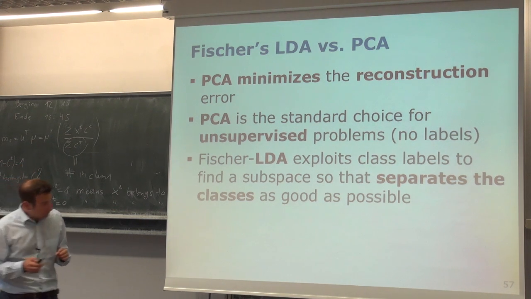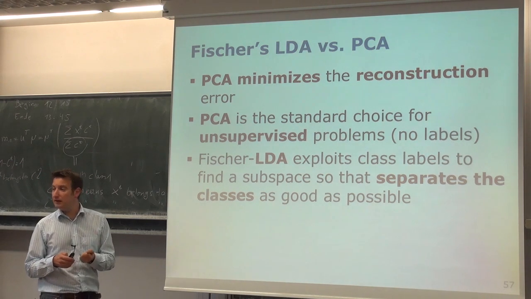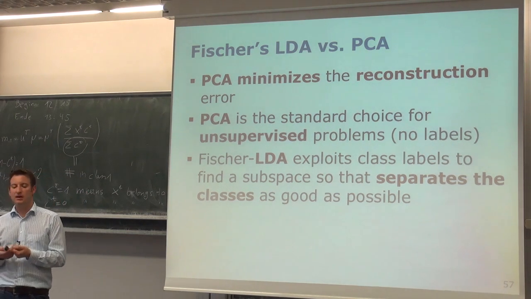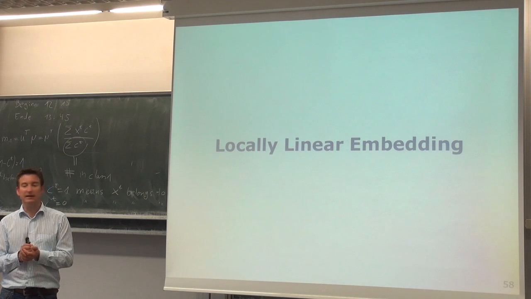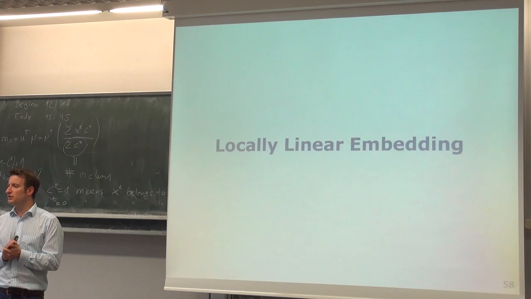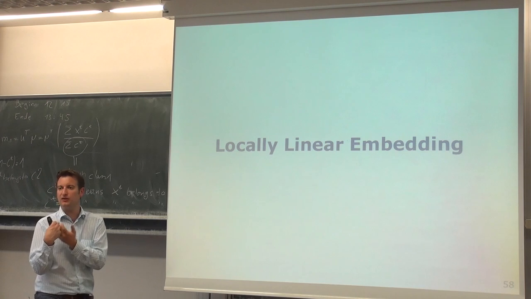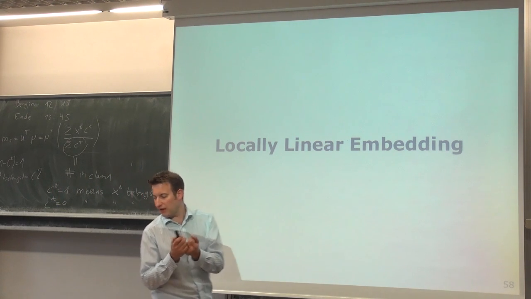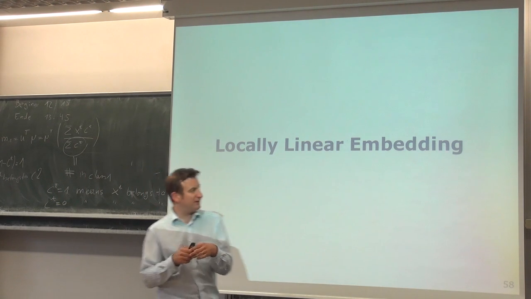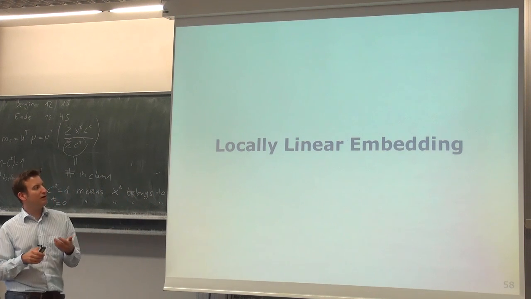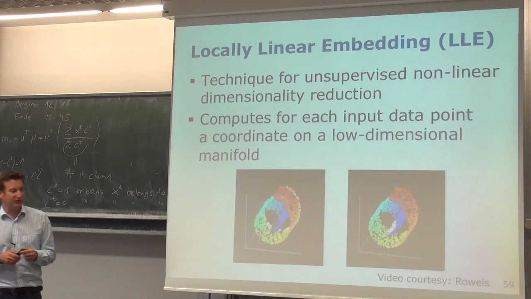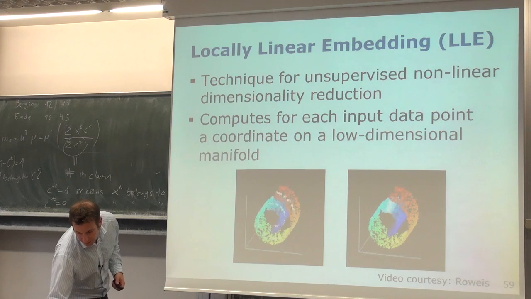I want to quickly use the chance to highlight another technique, and will introduce it very informally, which is called LLE, or locally linear embedding, which is a nonlinear dimensionality reduction technique. Just to give you an idea that there are also other techniques to do that and how those techniques may work. One of the motivating examples is what is called this Swiss roll over here.